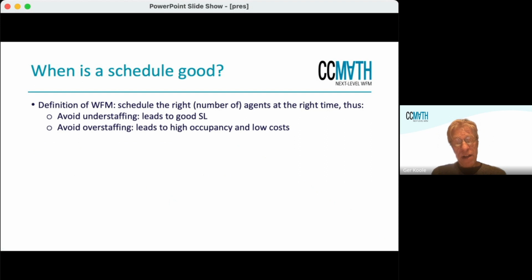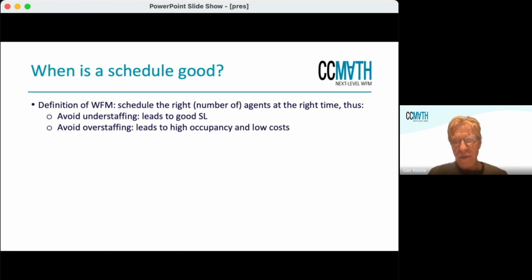Now, if you have understaffing, then you have not enough agents. Agents are not happy because they have to work very hard, and still you cannot reach the service level. So understaffing leads both to dissatisfied agents because they have a very high occupancy, and at the same time to a bad service level. So if you avoid understaffing, that's good for your service level.